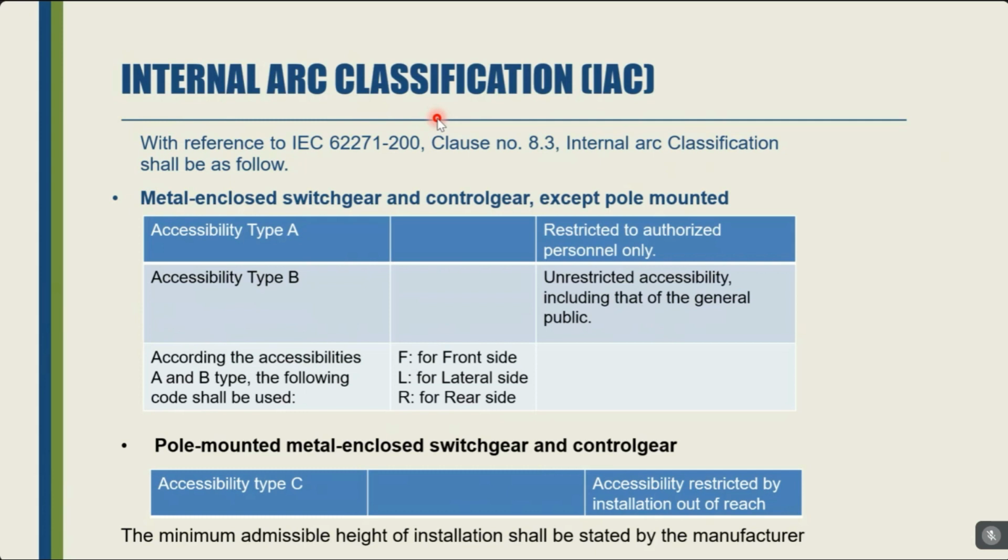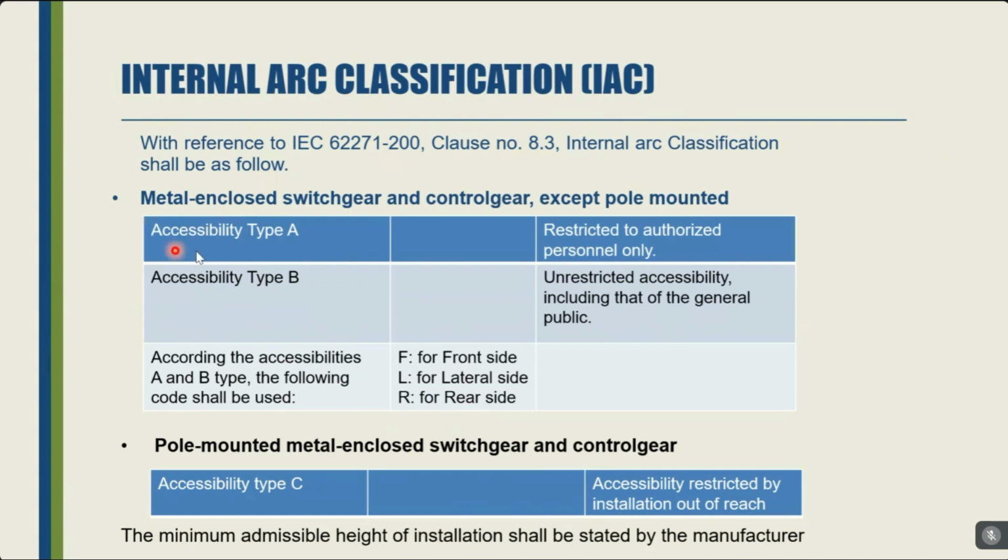So understand that if an arcing fault happens at that time, the operator who is working is very much under the influence of an arc fault, right? As a result, IEC has defined the internal arc classification for all HT switchgear panels. With reference to IEC 62271 part 200 clause 8.3, IAC or internal arc classification shall be as below.